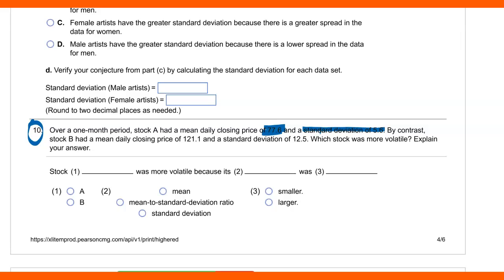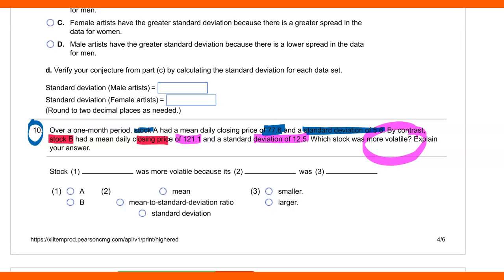Now for stock B, the mean is 121.1 and the standard deviation is 12.5. Which stock is more volatile?